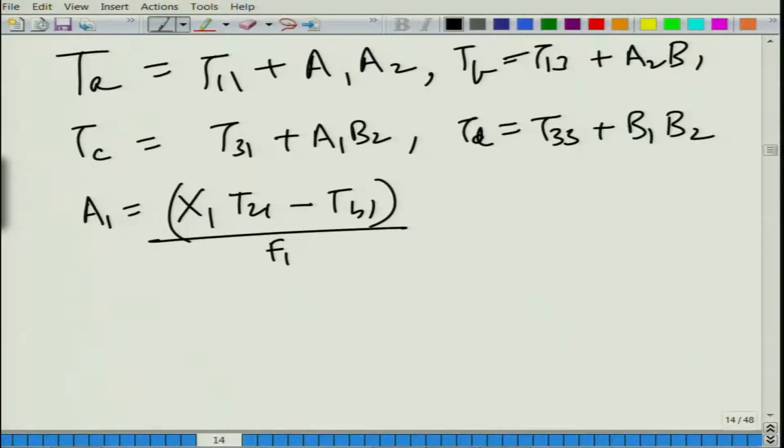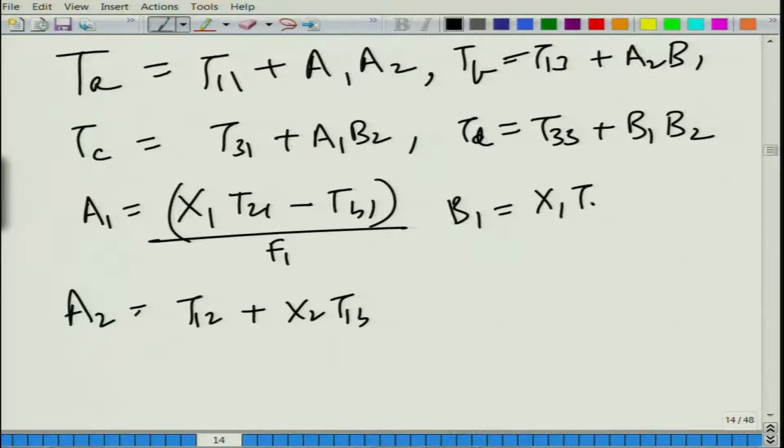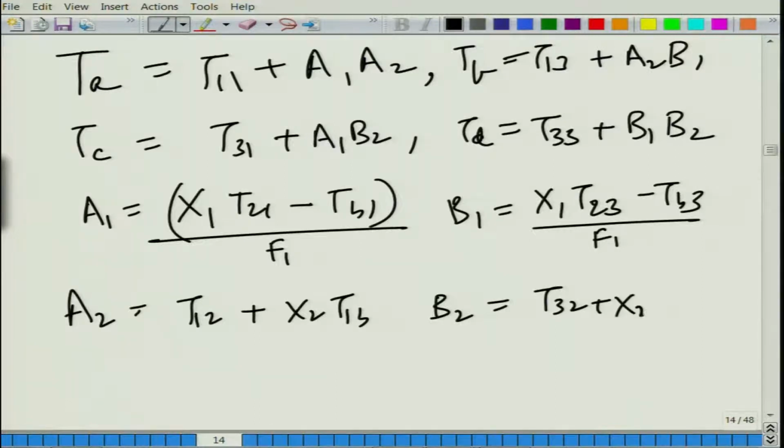And your A2 is nothing but T12 plus x2 times T14, and B1 is your x1 T23 minus T43 by F1, and B2 is your T32 plus x2 times T34, and your F1 is nothing but T42.